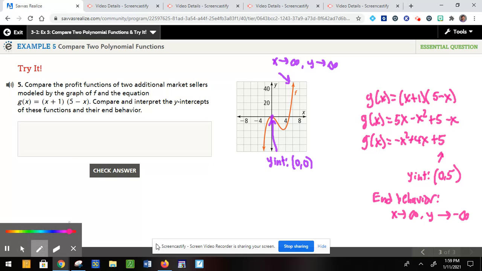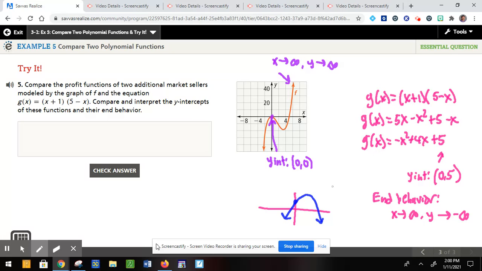So why is that? Well, it's because the degree is even and the leading coefficient is negative. So essentially, if you were to graph this, let's say that's at 5, this is an upside down parabola that does something like that, right?